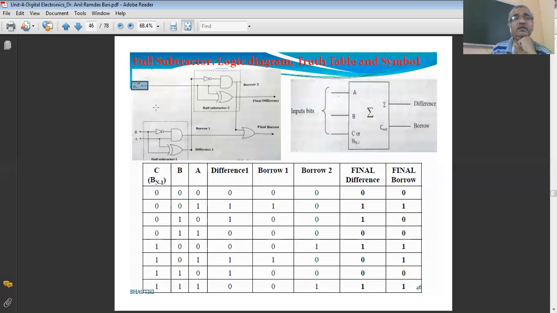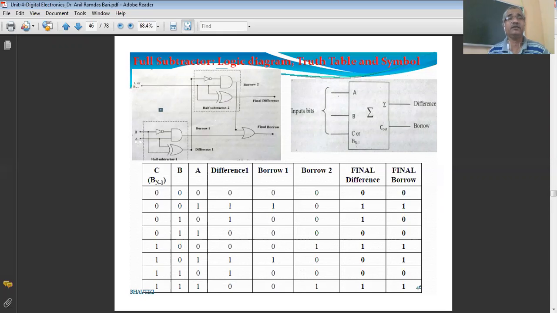It is taken from the borrow from the LSB or from the higher column. We can verify this truth table by taking the values of A, B, C as 0, 0, 0.